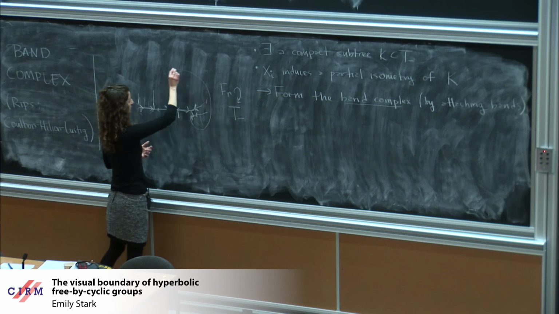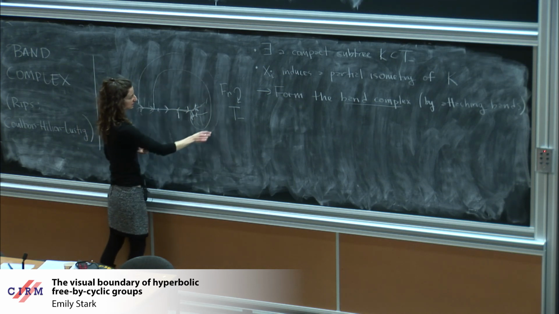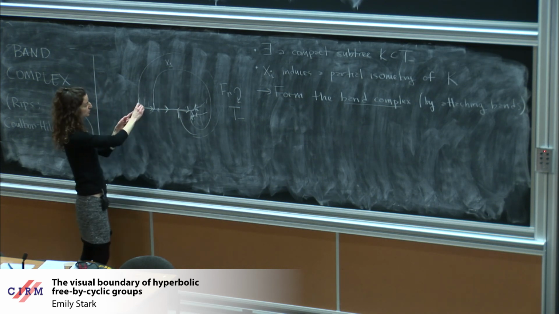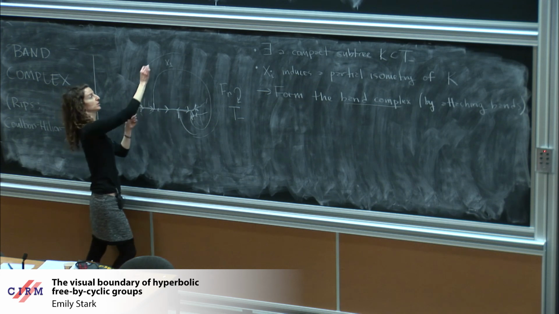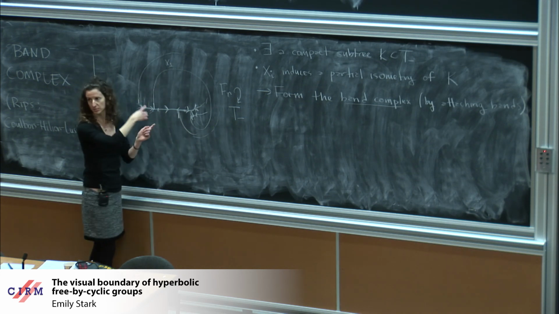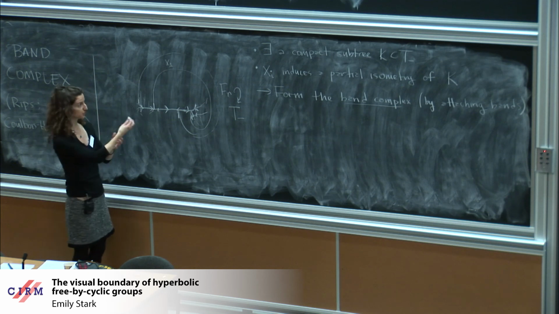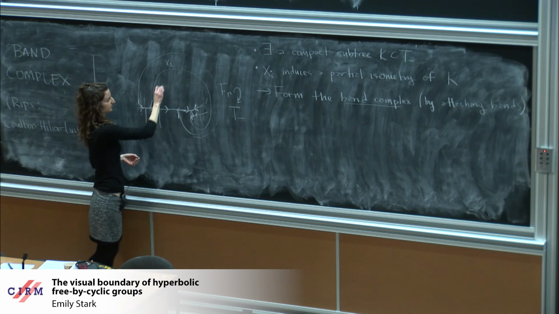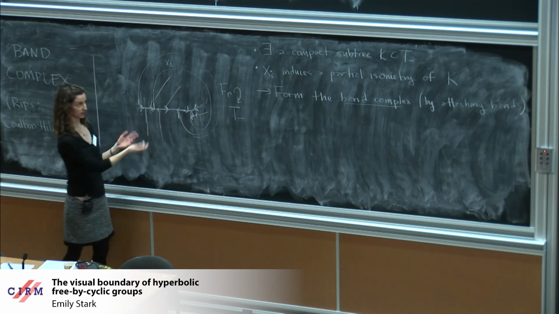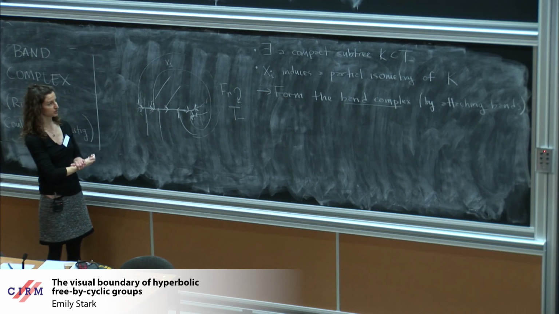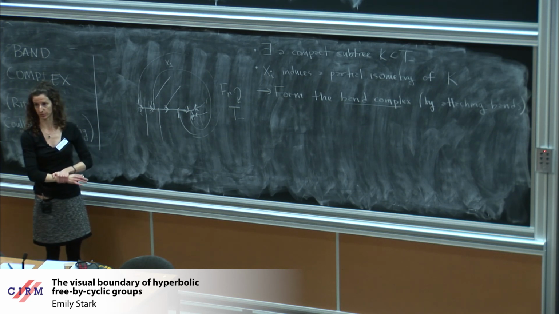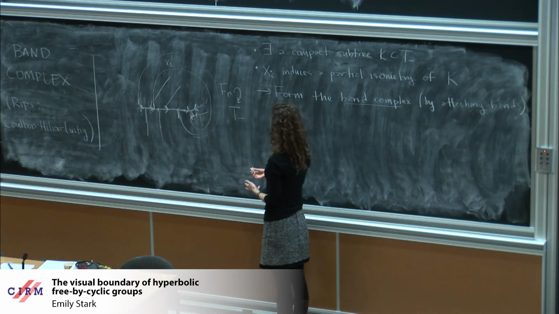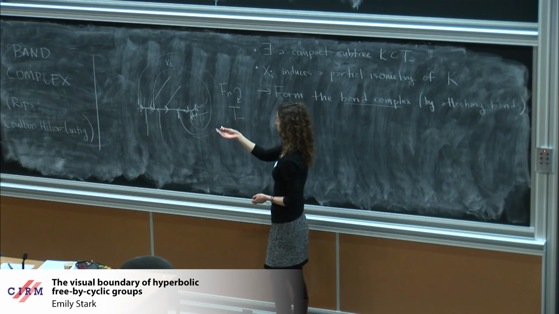So maybe x1 gives rise to this band, where for each point in its domain, you can follow along the band to its image under x1. And you do this for each of the n generators of the free group to form some complex. So this is in analogy to an interval exchange transformation for a pseudo-Anosov homeomorphism. And similarly, it carries a lot of important information about the free group automorphism.